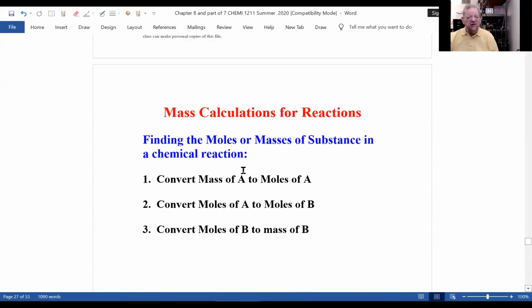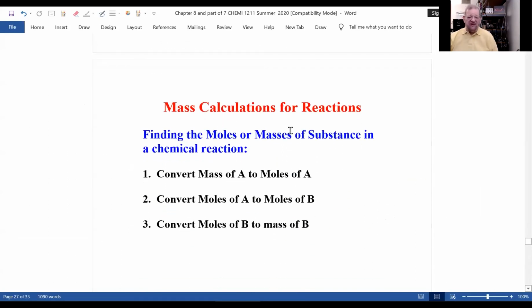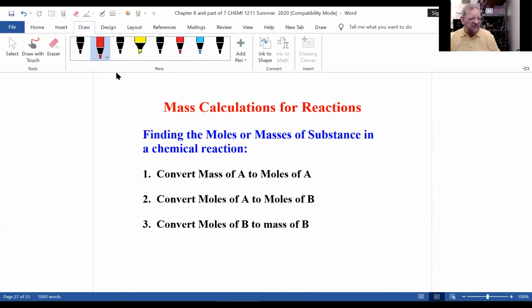Relax. You use mass calculations for a reaction. Finding moles or mass, actually mass, of a substance in a chemical reaction, you use the following 3 steps. Oh, the last one I forgot to put.